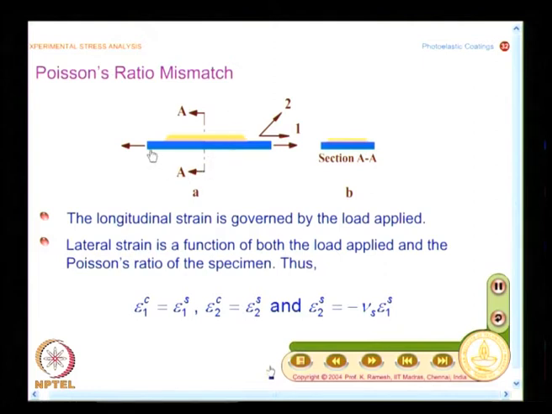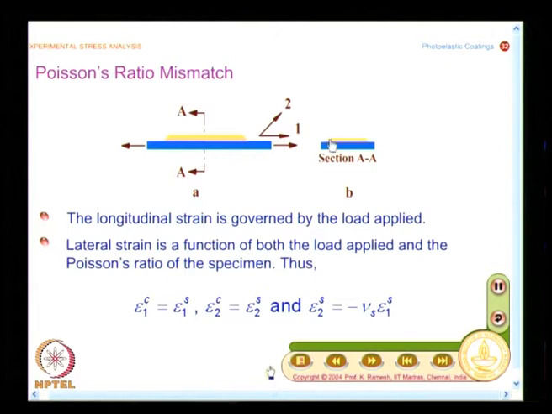So, what is shown here is a simple specimen subjected to uniaxial tension. I take axis 1 along the specimen, I take axis 2 transverse to the specimen, and I have a photoelastic coating pasted on this. And if you take a section here, the section will look something like this.